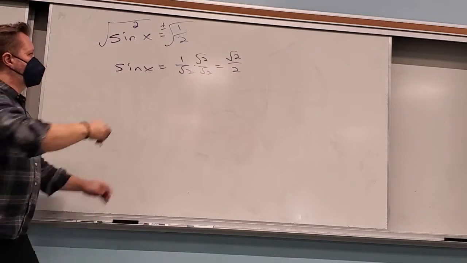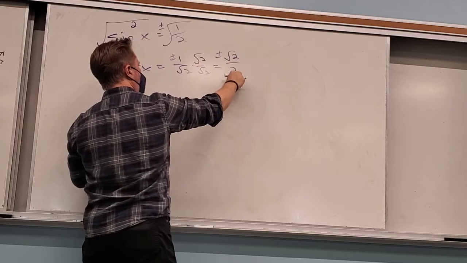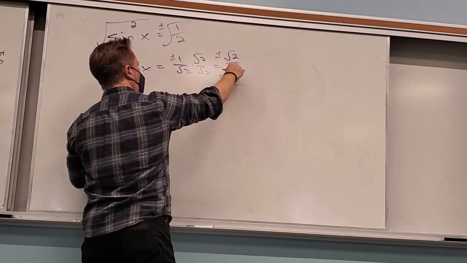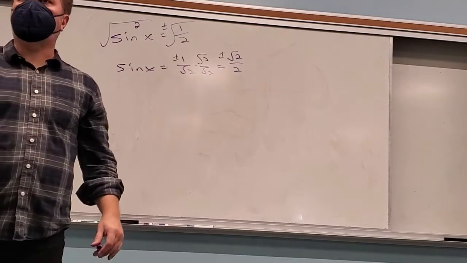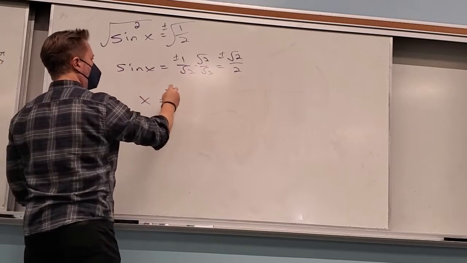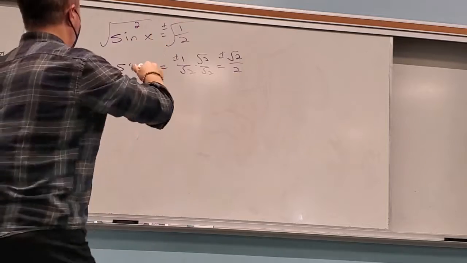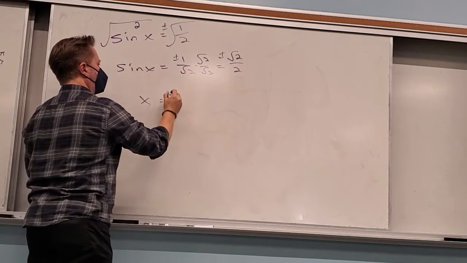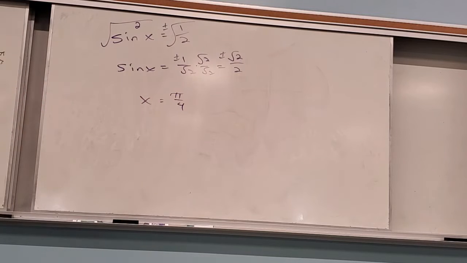Does that sound like a familiar value? Anybody? Rad 2 over 2, does that sound like a familiar value? What angle does that relate to fundamentally? 45 degrees, okay, which is in radians what? Pi over 4. Okay, we're not done.